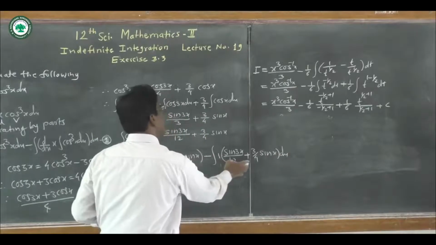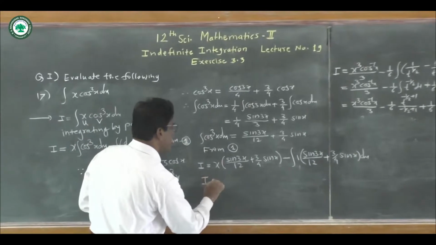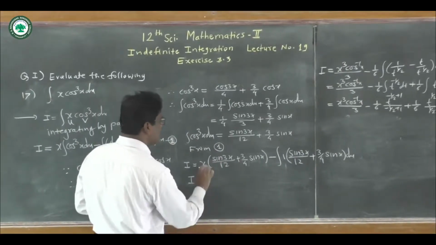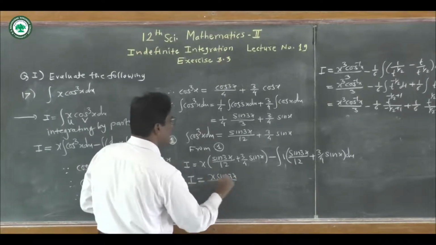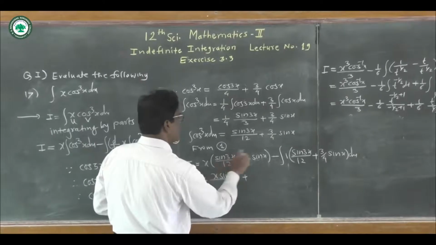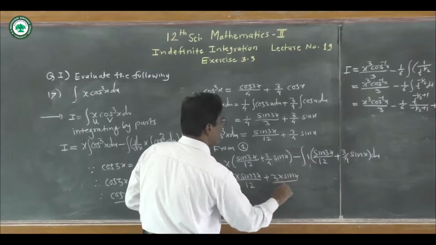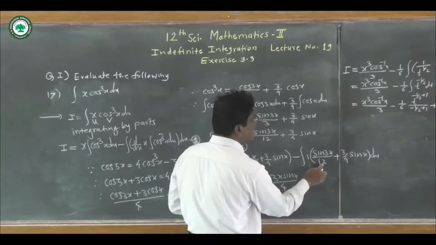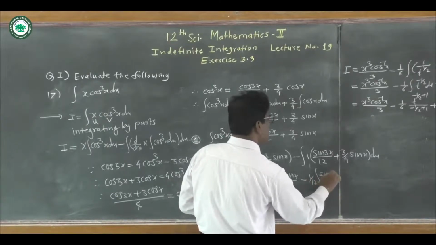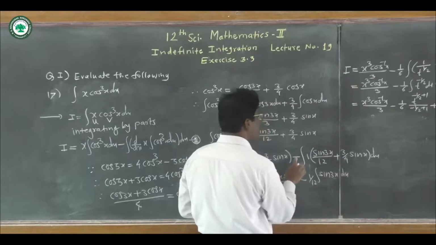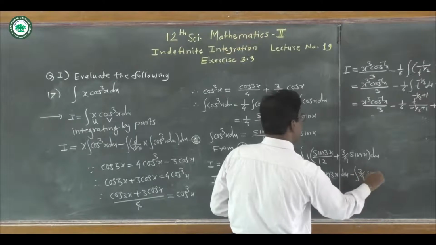And we take the integration of this again. So the required integral I becomes I is equal to, we multiply by x, so x into sine of 3x divided by 12 plus x into 3, that is 3x sine x divided by 4, and minus 1 upon 12, a constant, so 1 upon 12 integration of sine of 3x dx, here minus plus becomes minus integration of 3 by 4 sine x dx.